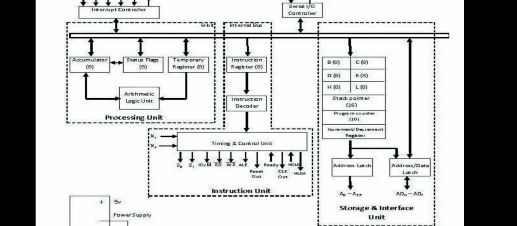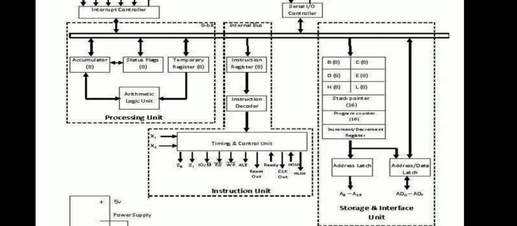Here are the status signals S1 and S0, which show the status of the microprocessor. When S0 and S1 are 00, it shows the halt operation. 01 shows the write operation. 10 shows the read operation, and 11 shows the fetch operation.